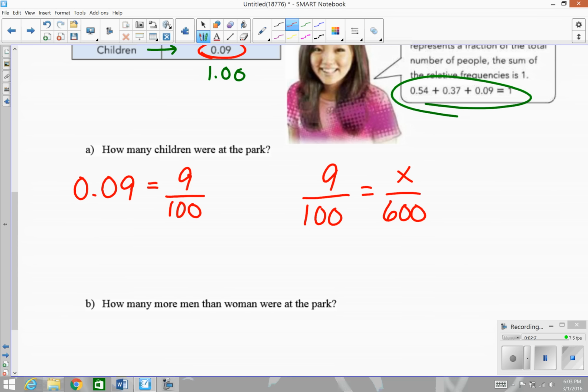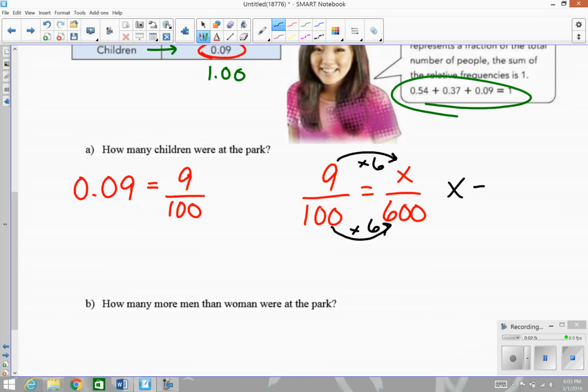So we have our frequency, we have our total population, and now we can solve. Feel free to cross multiply, or we can use a scale factor. 100 times 6 equals 600. So if I do 9 times 6, I'll be able to solve for x.